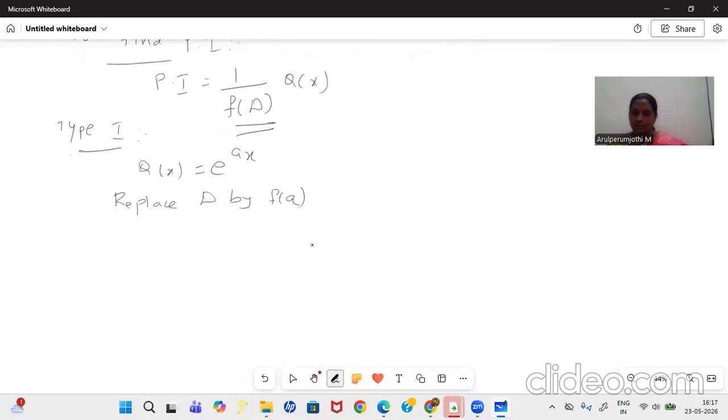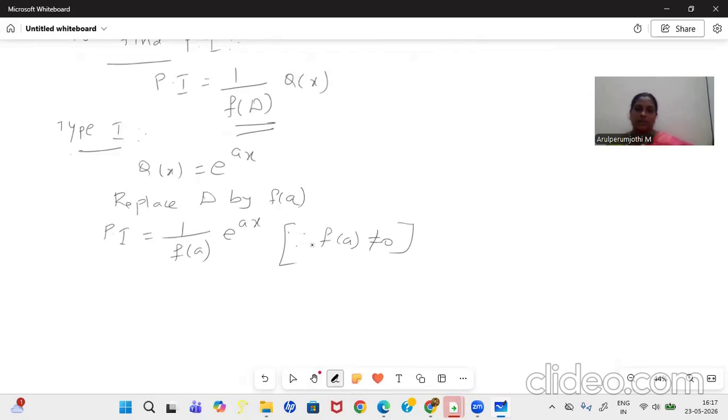So PI is equal to 1 by f of a into q of x, that is e^(ax). It is possible only if f of a is not equal to 0. So this is most important.